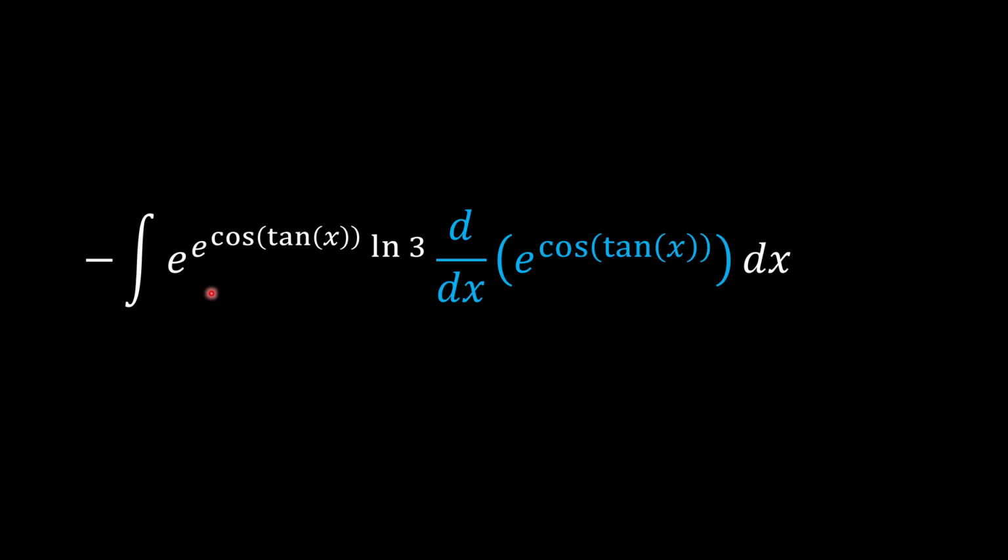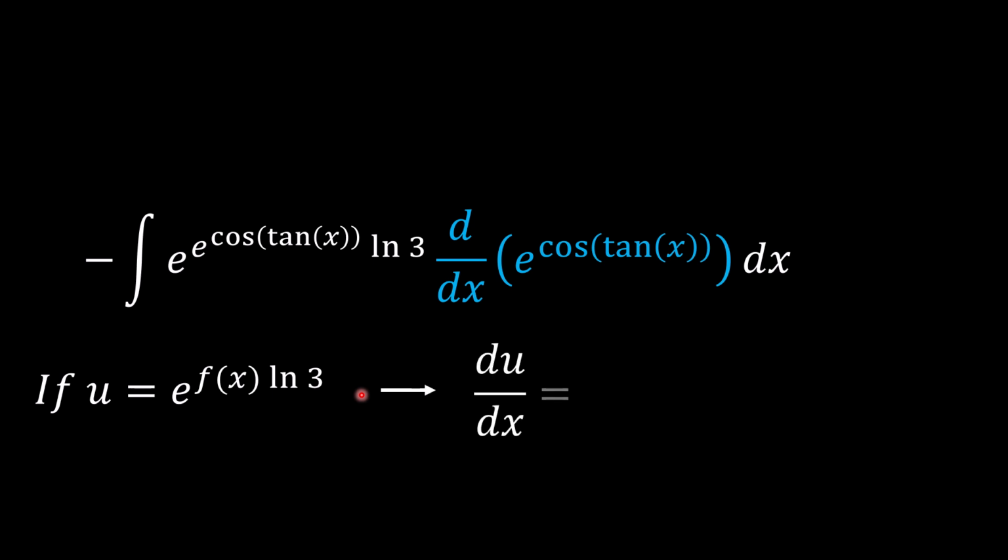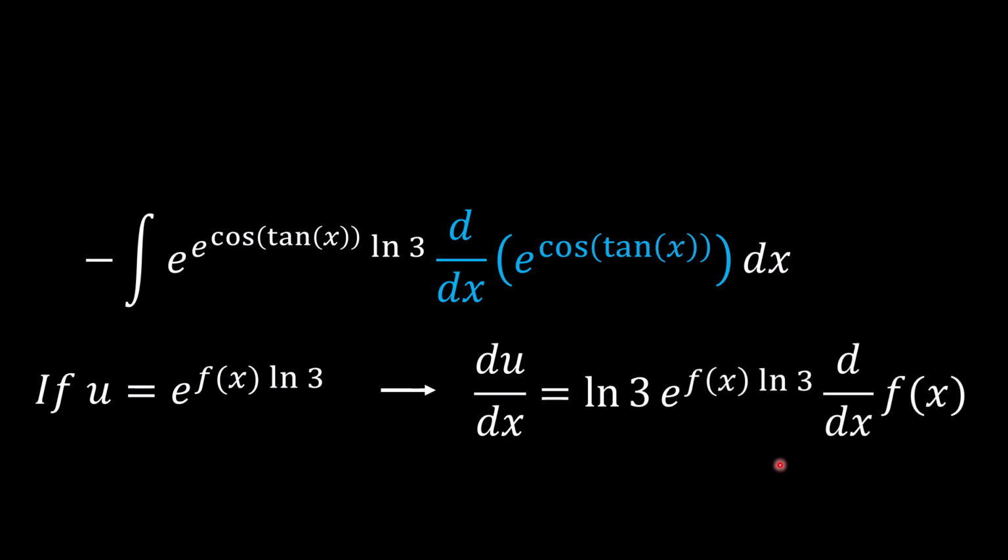So we've converted that to e to the power of e to the power cosine of tangent of x times the natural logarithm of 3. Now, if u is equal to e to the power f(x) times the natural logarithm of 3, that means the derivative du/dx is the natural logarithm of 3 times e to the power f(x) times the natural logarithm of 3, times the derivative of f(x).